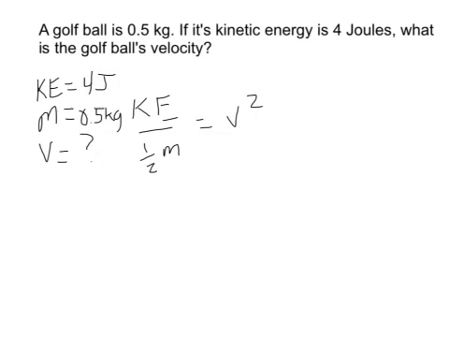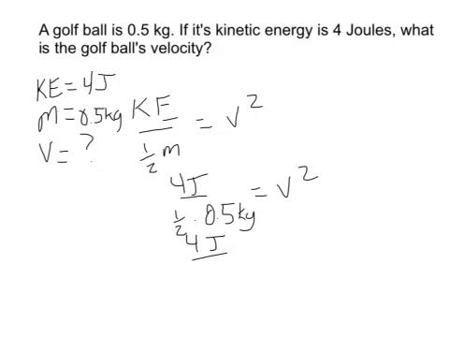So, a golf ball is 0.5 kilograms. If its kinetic energy is 4 joules, what is the golf ball's velocity? So, we know that the kinetic energy equals 4 joules. We know that the mass is 0.5 kilograms. We don't know what the velocity is, of course. So, 4 joules divided by 1/2 times 0.5 kilograms equals velocity squared. 1/2 times 0.5 is 0.25. So, of course, we know that joules divided by kilograms is meters squared over seconds squared.